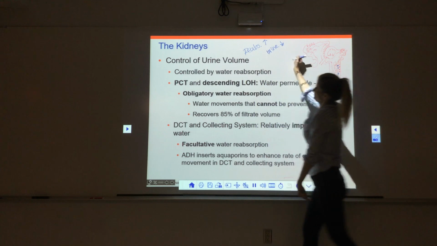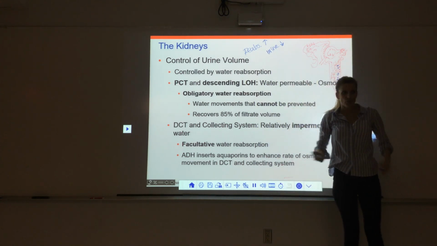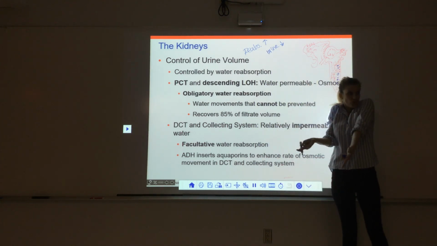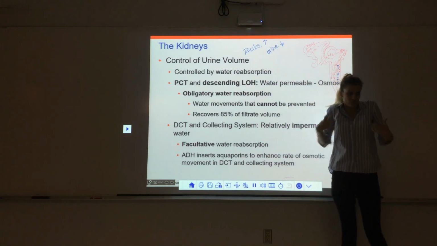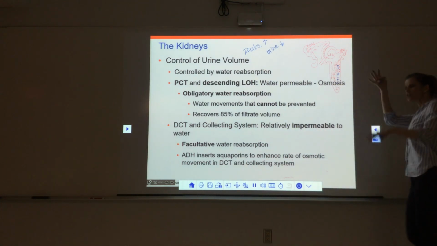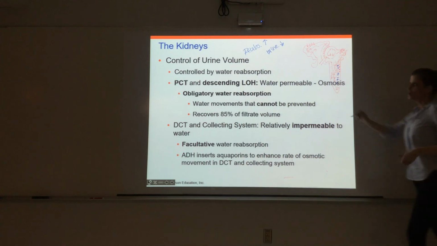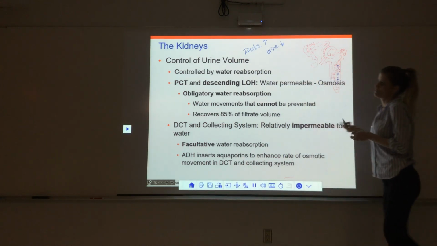Urine volume goes down, right? And the opposite's true. If we reabsorb less, more stays in the tubule, more makes its way out, more urine volume is there, right? So those two things are inversely related to each other, urine volume and water reabsorption.